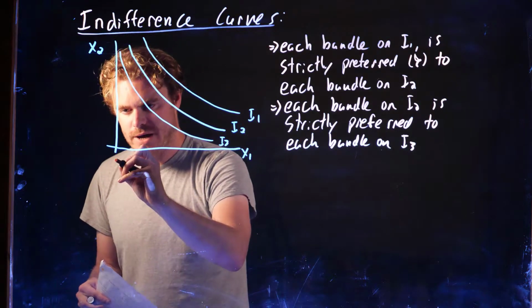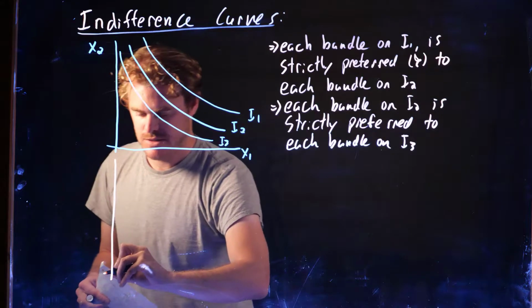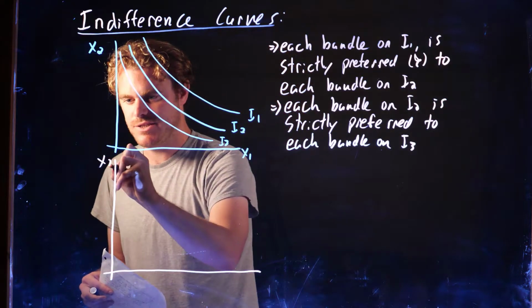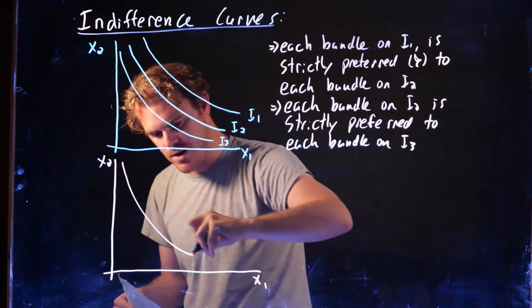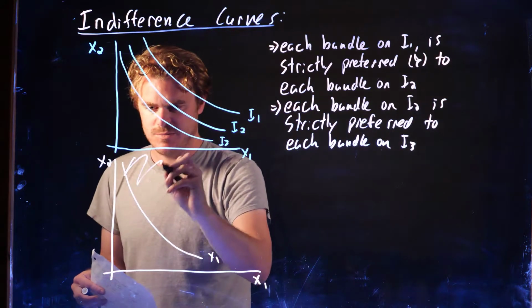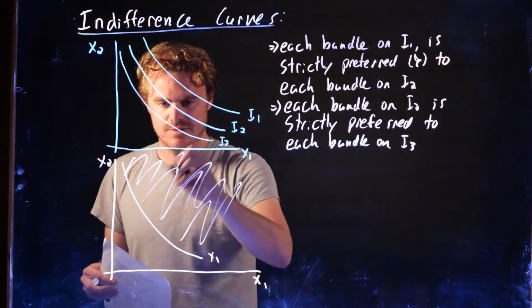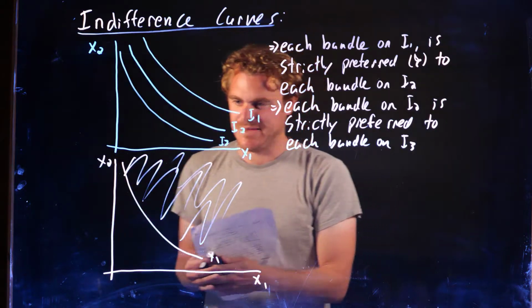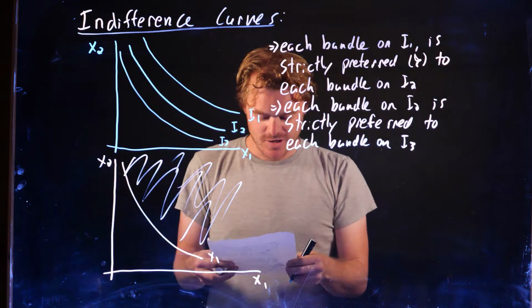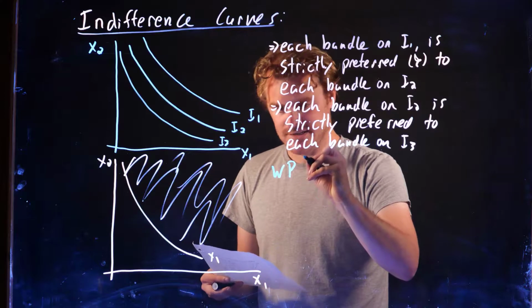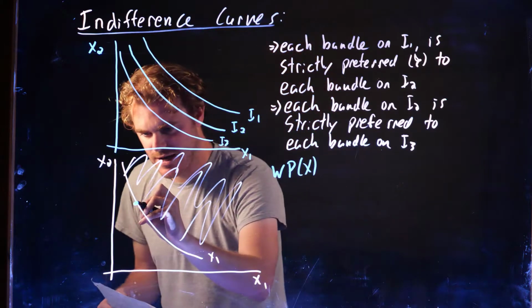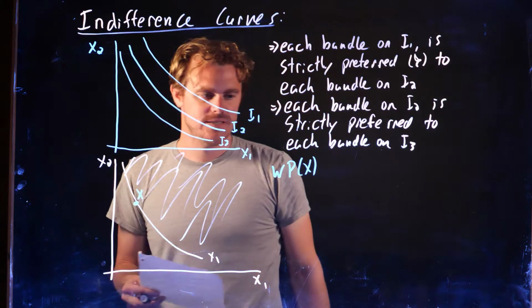You can also talk about some different sets here, so x2 and x1. And let's just draw one indifference curve. Let's call it I1. So anything outside of this indifference curve. So WP of x, so let's maybe label x here. This is bundle x.